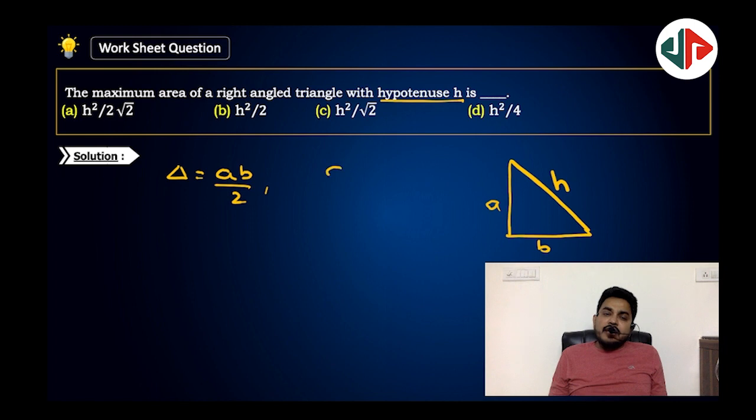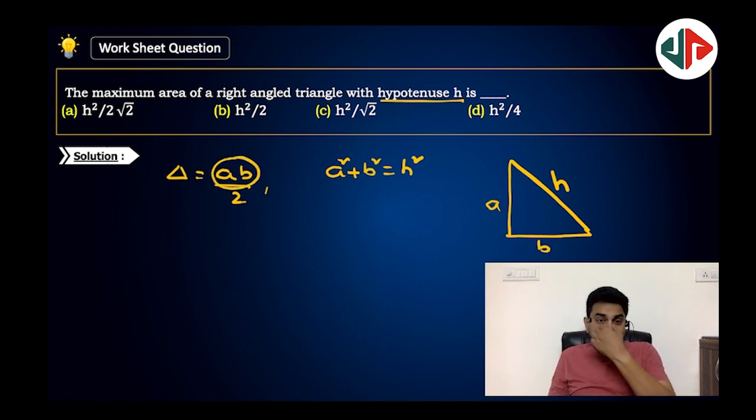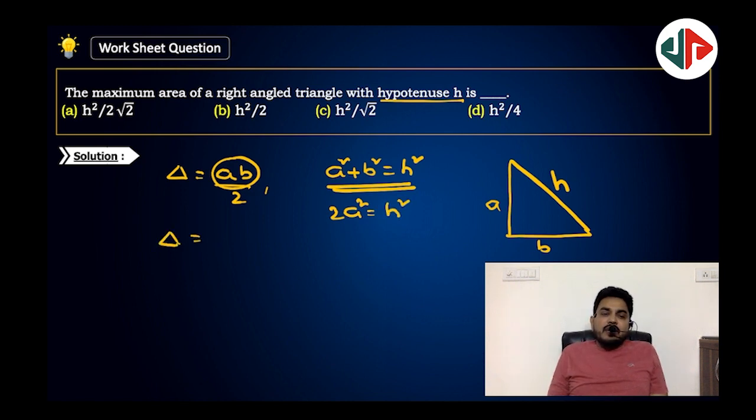But what I know is A square plus B square is equal to H square. I want AB to be maximum. As I told you in the beginning, A should be equal to B. So 2A square should be equal to H square.